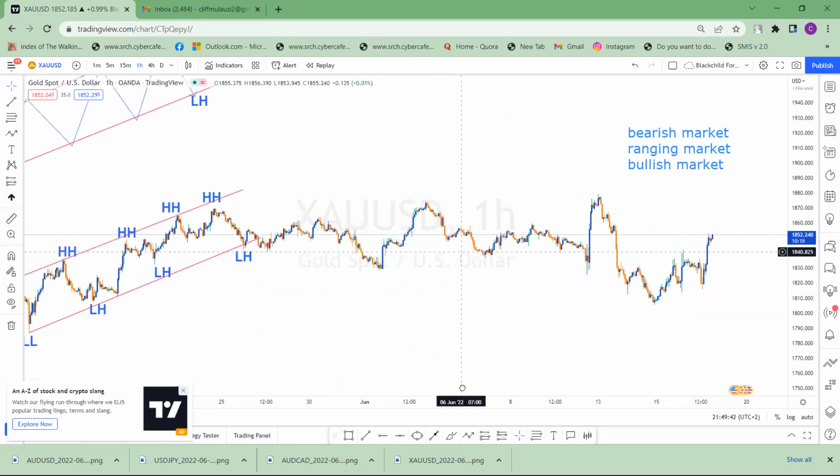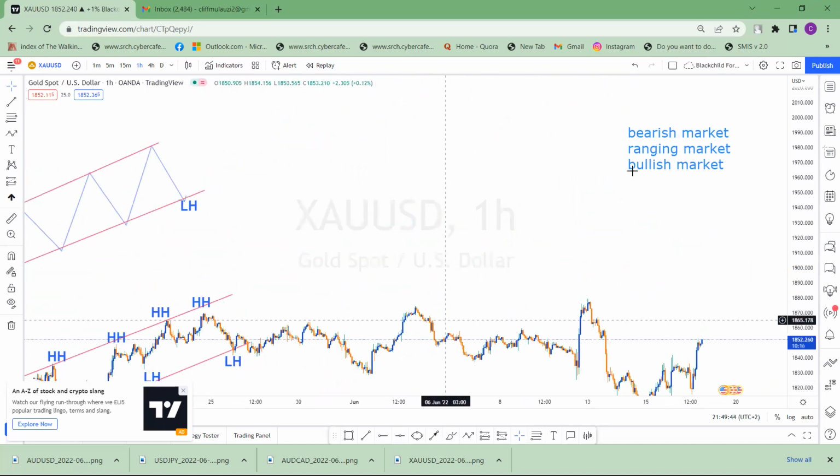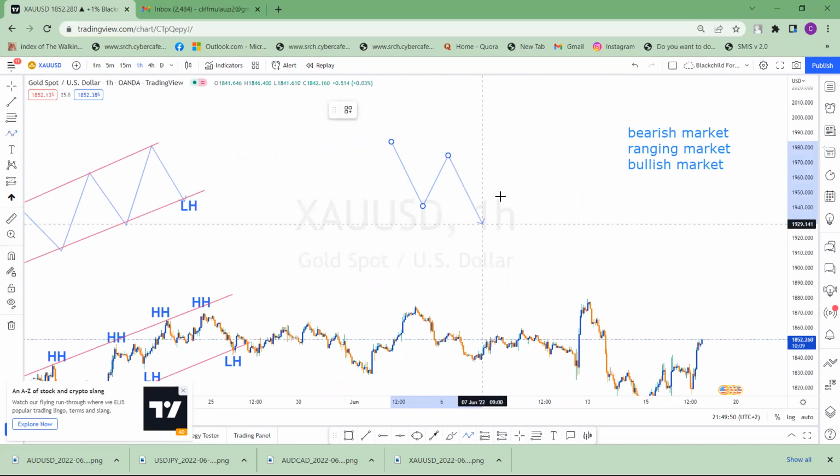Another example of a direction is what we call a bearish market. It's just the opposite of what I've already explained.